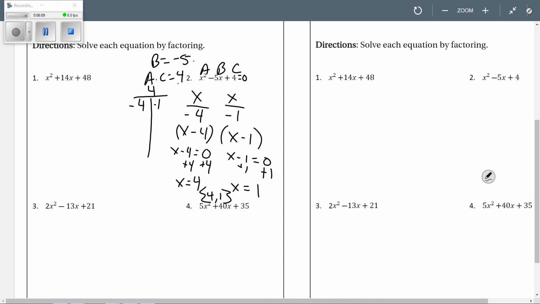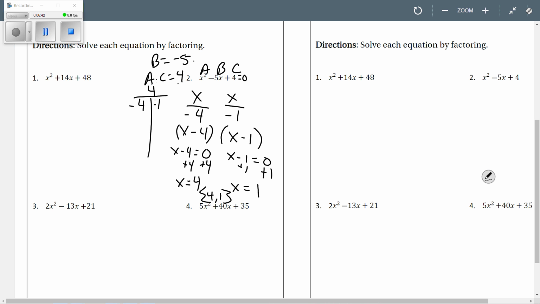All right, so again, I'll break it down in case I went a little bit too fast. Of course, we set the trinomial equal to 0, labeled a, b, and c. b is negative 5. A times c is 4. Then we make our little table to find factors of 4 that can add up to b, which is negative 5. The first one, 4 times 1, that can add up to 5. We just got to make it add up to negative 5. How do we do that? We made them both negative, because that makes it add up to negative 5, and negative 4 times negative 1 is a positive 4.